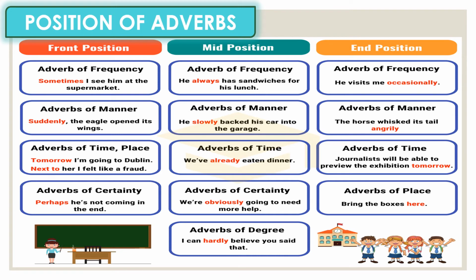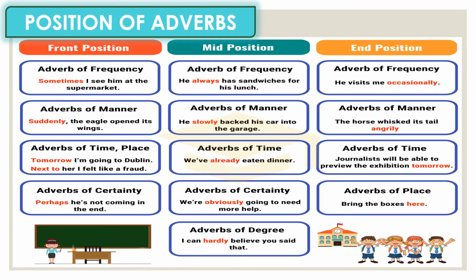For example, he always has sandwiches for his lunch. I can hardly believe you said that. We have already eaten dinner. So these are the examples of the position of adverbs in the middle of a sentence.